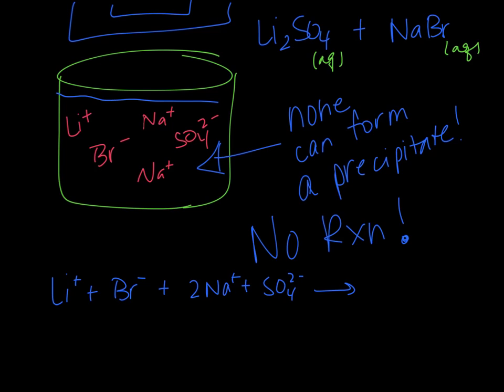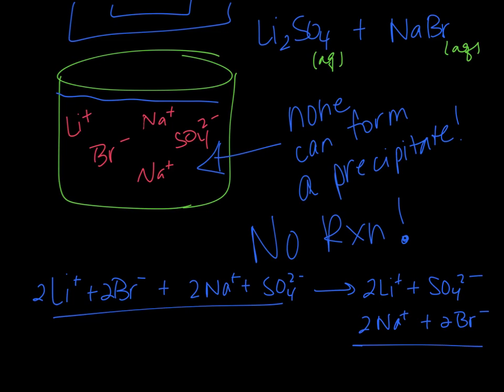Well, I'd have 2, oh, I didn't balance the equation, did I? 2 and 2. I have 2 lithiums and a sulfate and 2 sodiums, 2 bromides. And so it's the exact same thing. Nothing happened. No change.